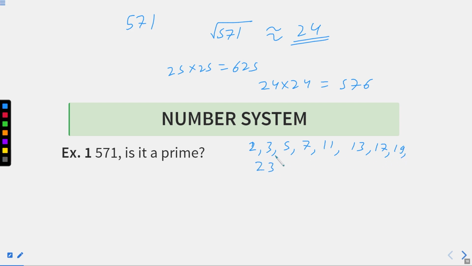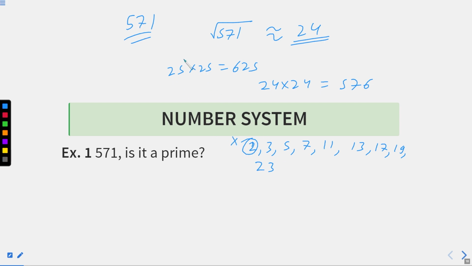Okay, this is our list. Now let's see which of these numbers divide our original number. Does 2 divide? No, because it is not an even number.